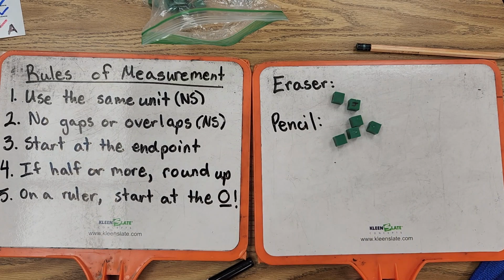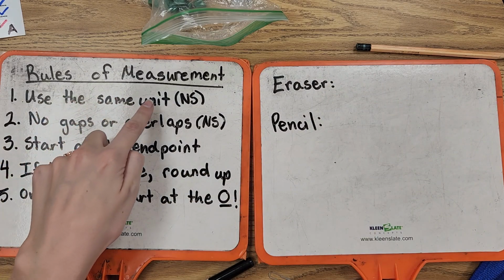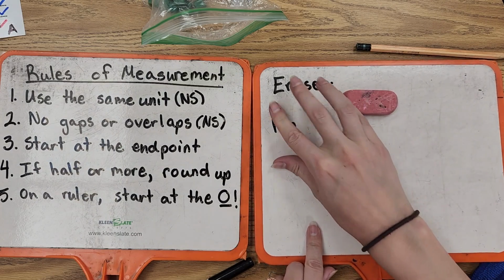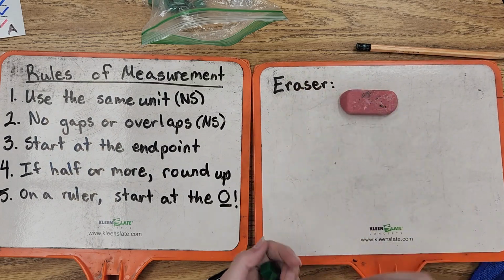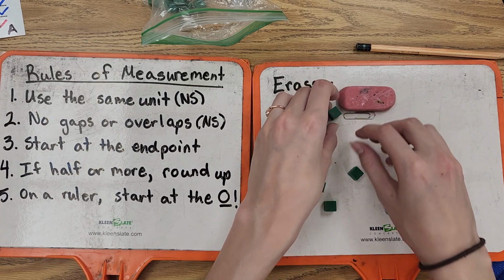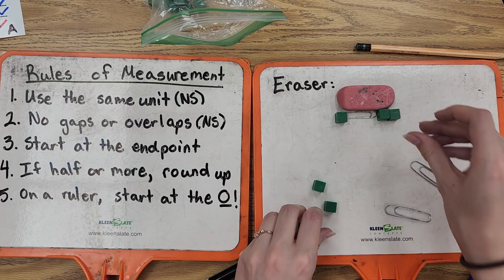Now, there are some rules that we have to follow with non-standard measurements that don't necessarily apply when we're using our standard measurements. One of these is to use the same unit when you measure. If I am measuring this eraser and I use different units, my measurement is not going to be very accurate.